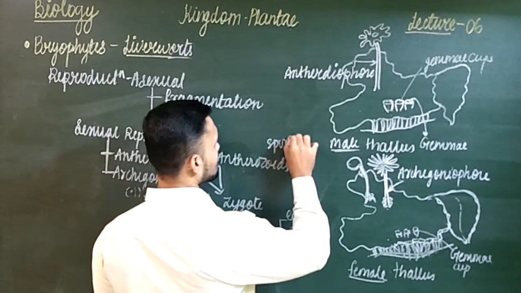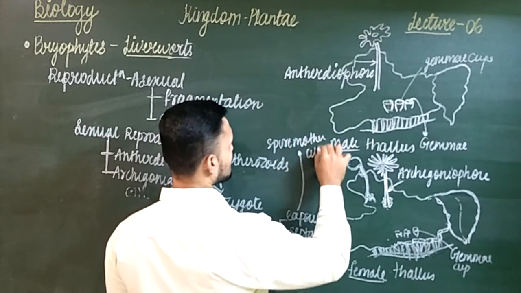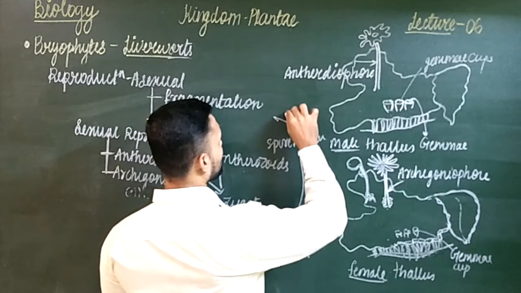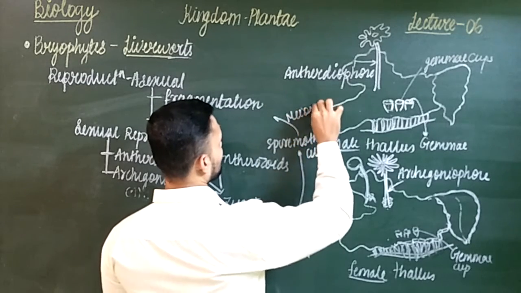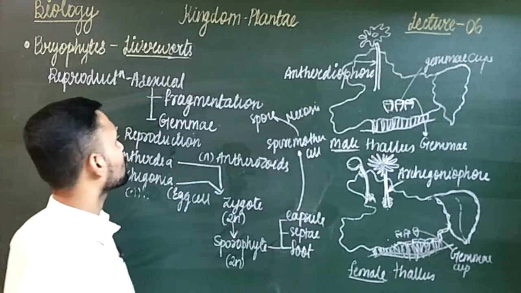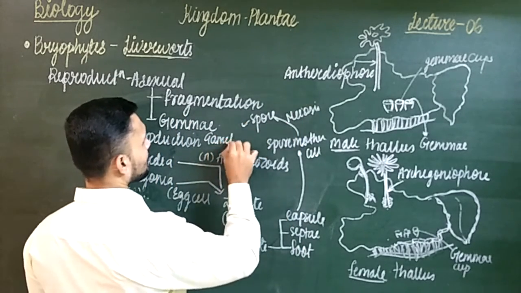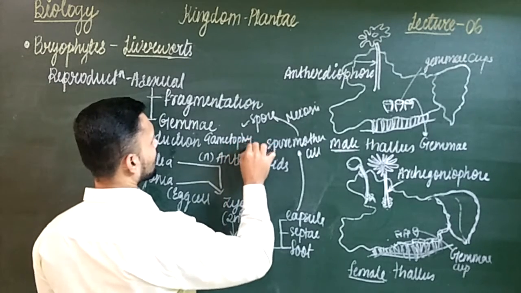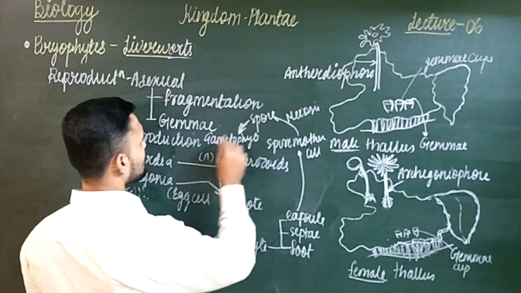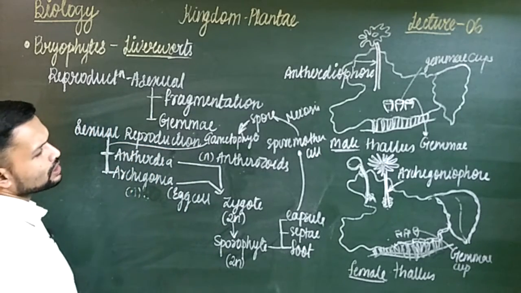It bears spore mother cells, which will undergo meiosis to form spores, and spores will form the gametophyte, and the cycle repeats. So this gametophyte will produce these two. This is the cycle.